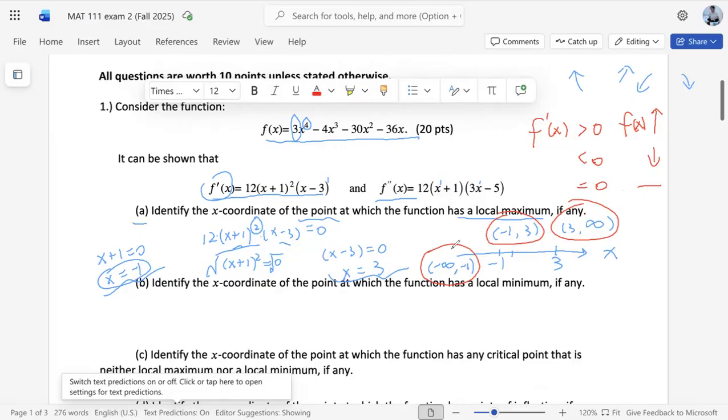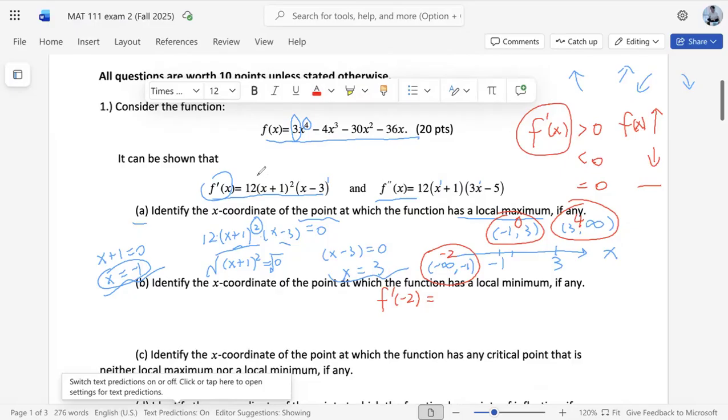Actually, we only have to do the first one because it's a polynomial, the function just wiggles. But to be safe, let's pick 3 values. Pick -2 here, pick 0 in this interval, and maybe pick 4 in this interval. Then we just evaluate f prime of -2. Remember, we evaluate the derivative function. So let's just plug in.